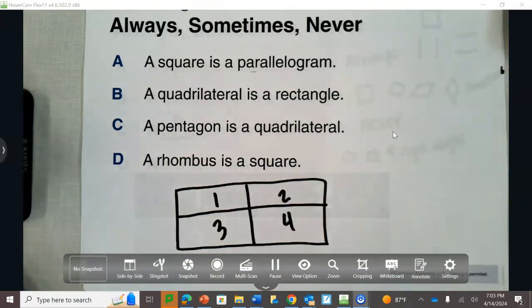Number 2, you're starting first. Is a square always a parallelogram? Always, sometimes, or never. And then we'll continue on. Go ahead and pause this video. When you're done with the activity, press play, and I'll move on.